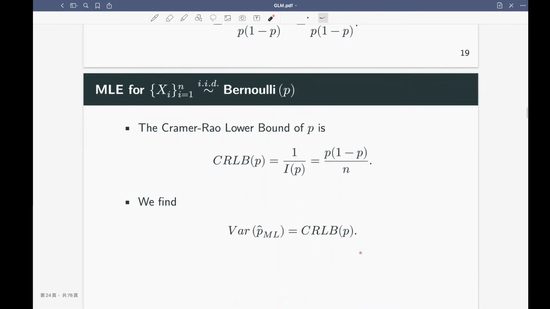So it is efficient here, because the variance meets the minimum of the variance. Efficient. Okay, so for the Bernoulli distribution, the MLE is the efficient estimator.